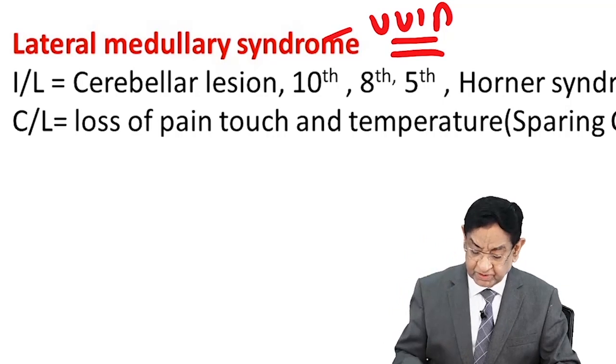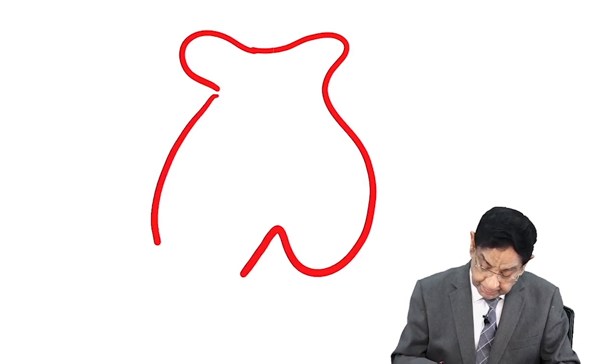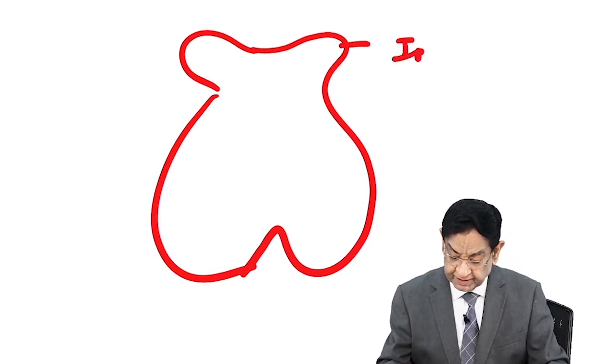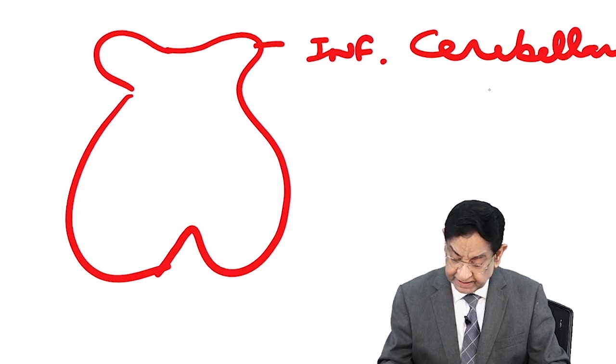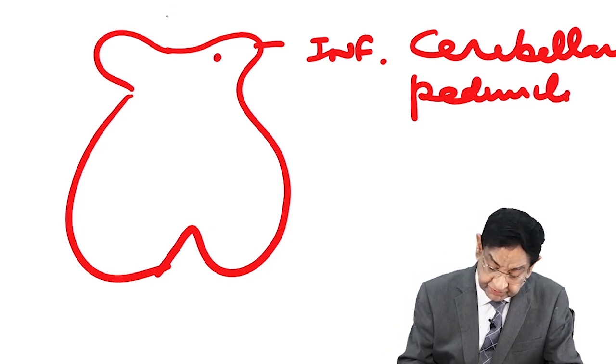So let's learn the anatomy of the medulla. This is the medulla. This is the inferior cerebellar peduncle. This is the 10th nerve nucleus.